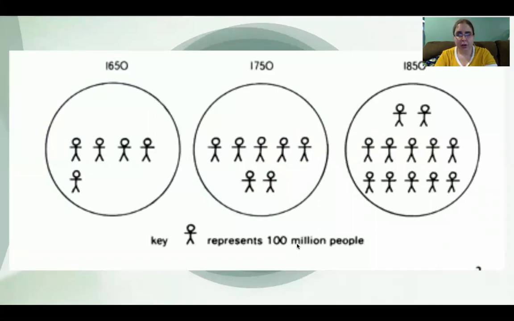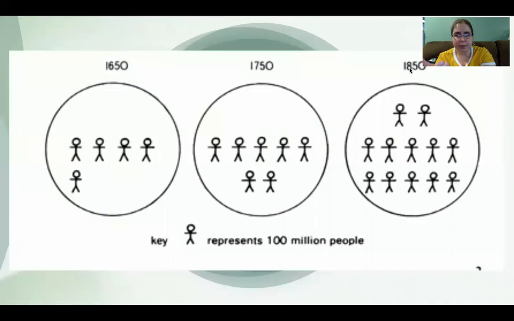This picture also kind of demonstrates it. Now each circle represents the same amount of area. So it's looking at the same area, but we're looking at it in 100-year increments. So here we have 1650, here we have 1750, and here we have 1850.